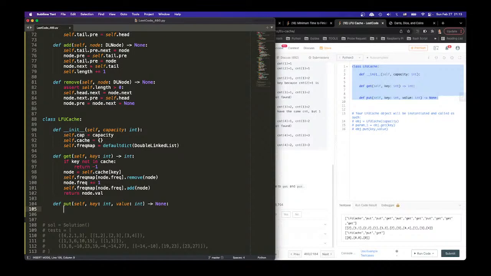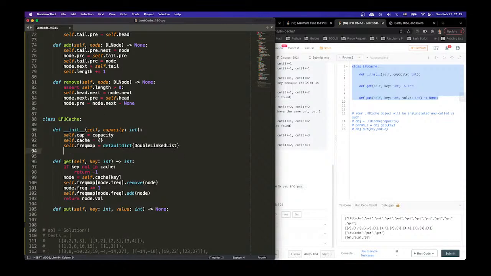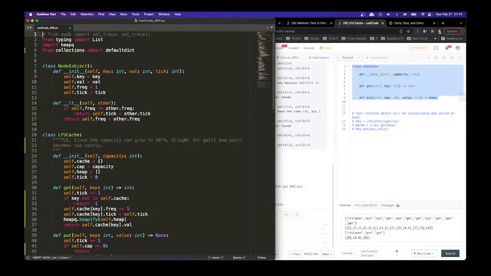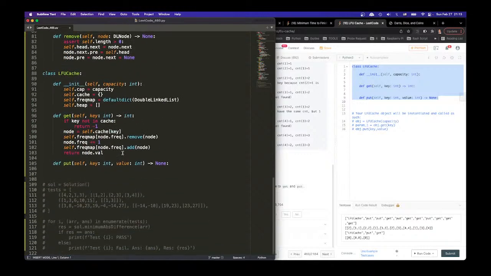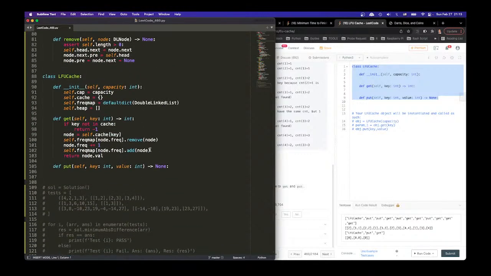Alright, I'm back. And while I was away, I realized one thing. We need a heap to find the smallest frequency. Okay, now I just realized this might not be the best idea because I do have to check, right?